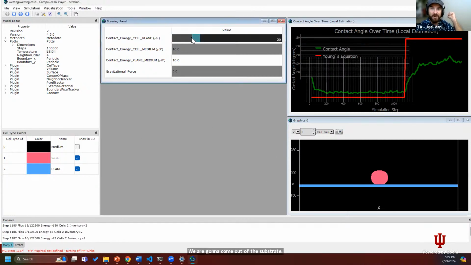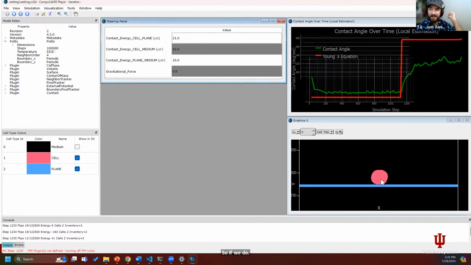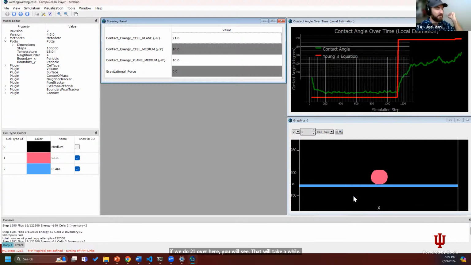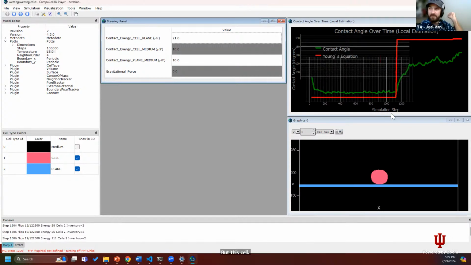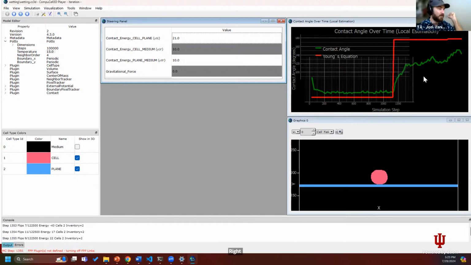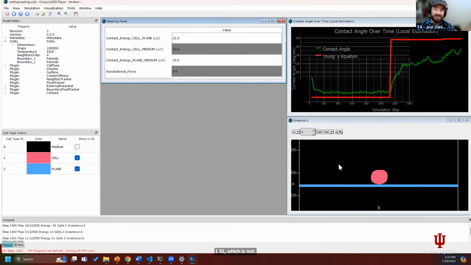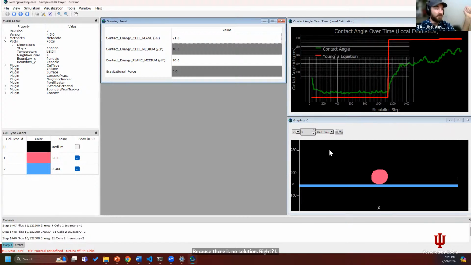So if we do 21 over here, you will see that it will take a while, but this cell will detach from the surface. And here you can see that the Young's equation is reporting 181, which is not a real result, because there is no solution. I am enforcing 181 here, meaning you're completely detached.